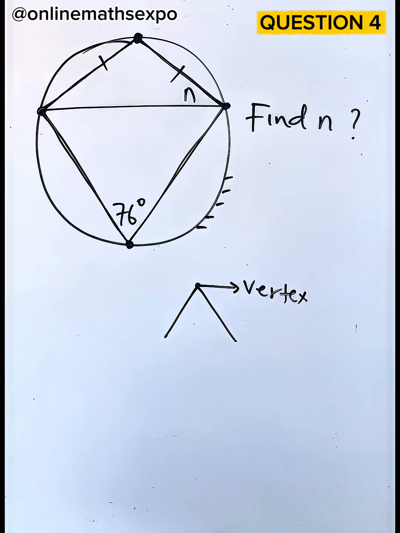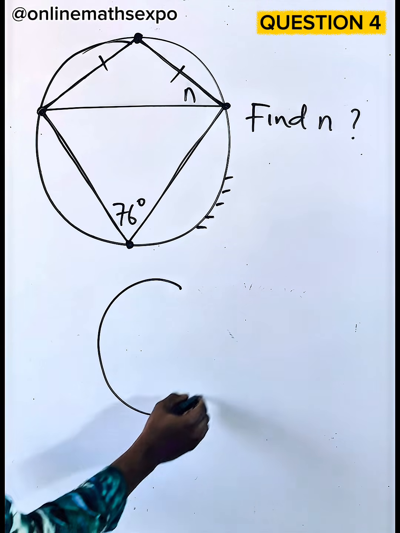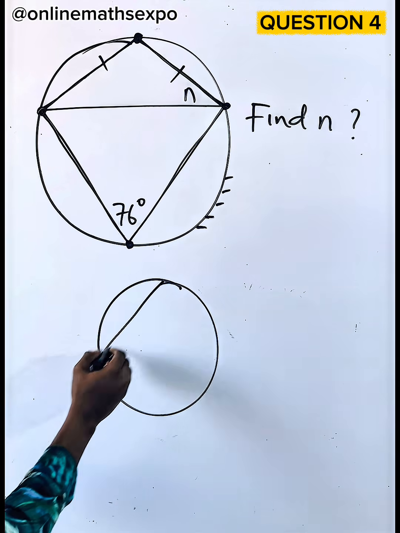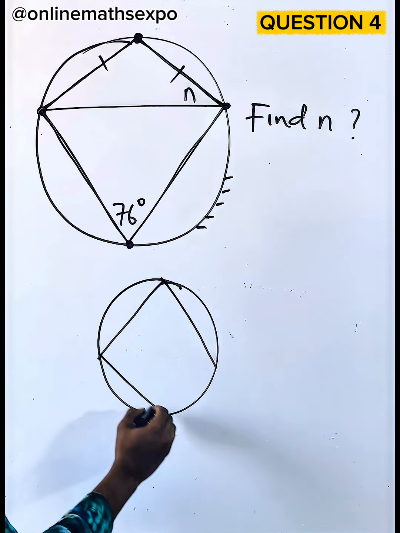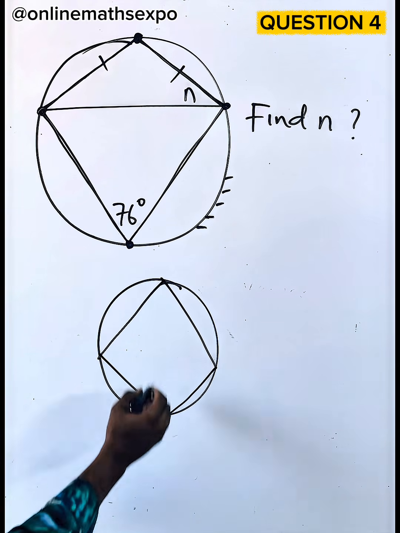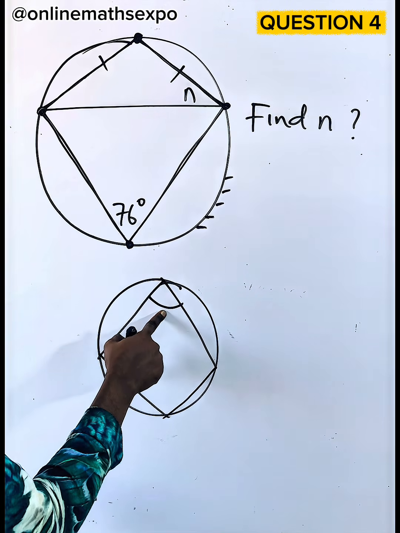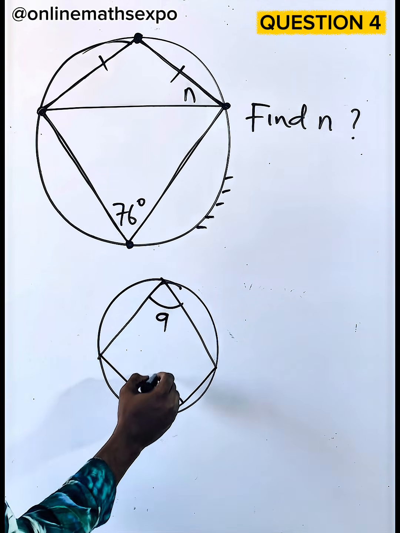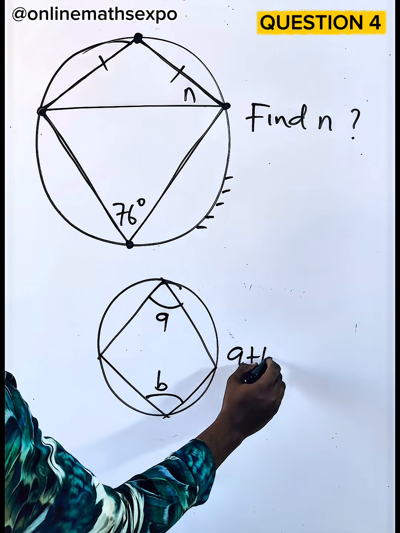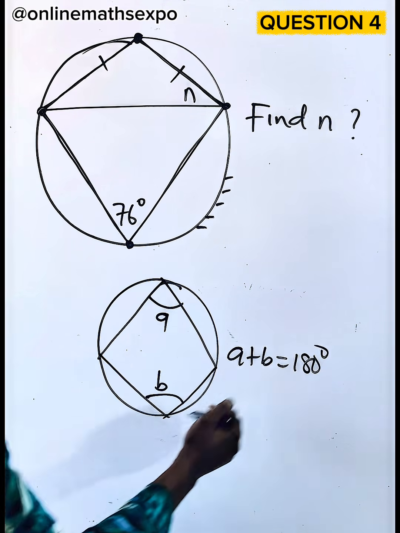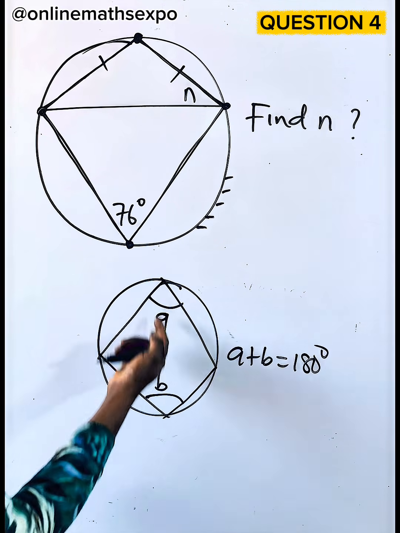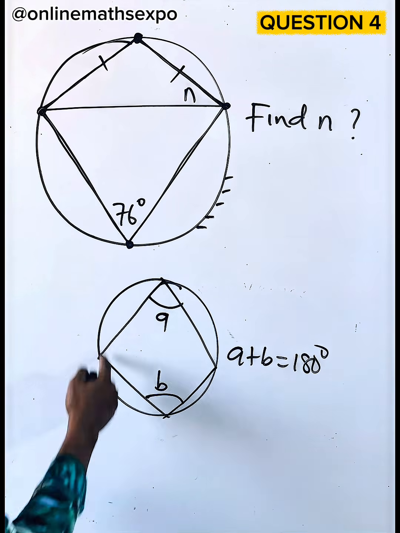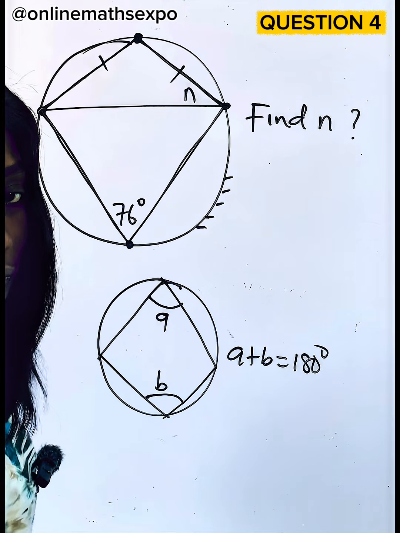Since it is like that, there is a theorem that says when I have a circle and there is a quadrilateral drawn such that the vertices are touching the circumference, the angle this makes here and the one it makes opposite, when you sum them together, it gives you 180 degrees. The theorem is: the sum of two opposite angles of a cyclic quadrilateral is equal to 180.